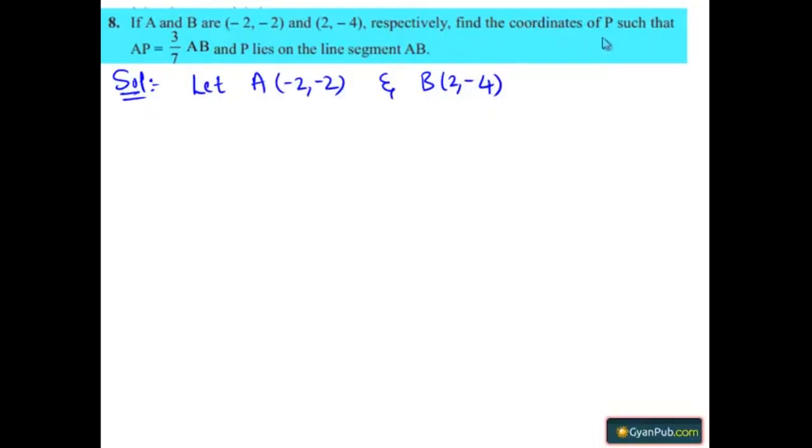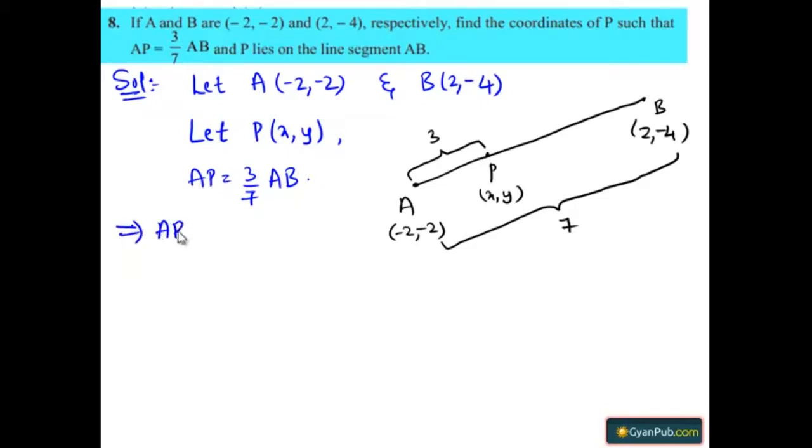Let the coordinates of the point P be (x, y). In the question, it is given that AP equals 3 by 7 of AB and P lies on the line segment AB. Let us represent the given data diagrammatically.